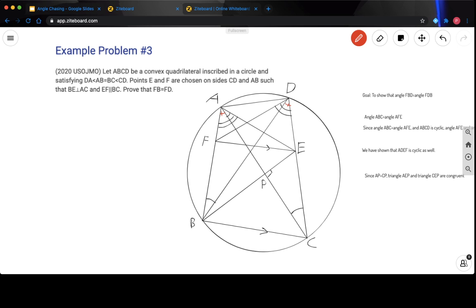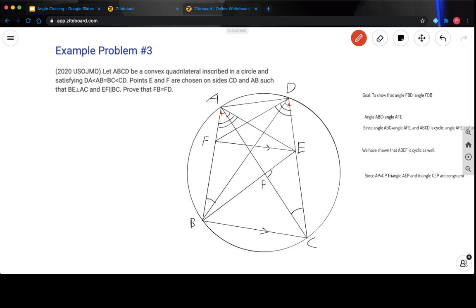However, at this point, notice that since we know that angle BAE and angle FDE are congruent, right? They both have these two lines across them.